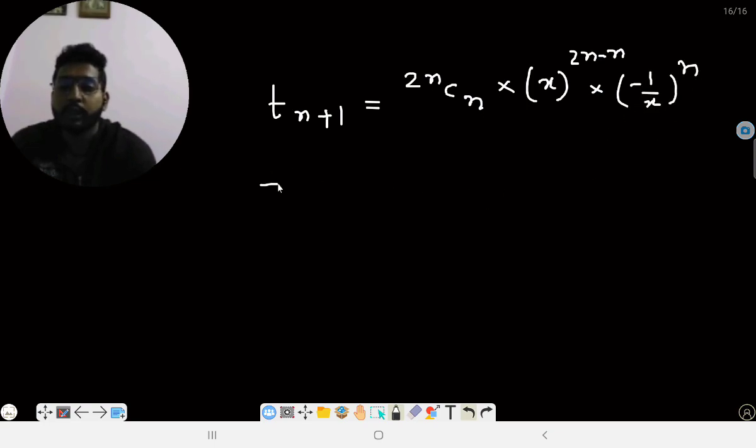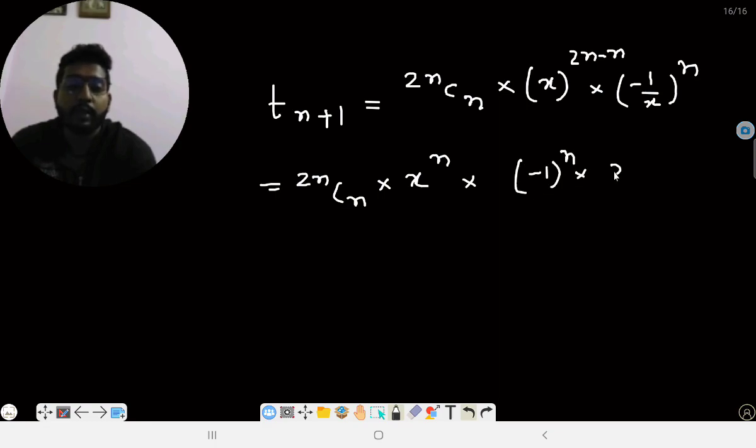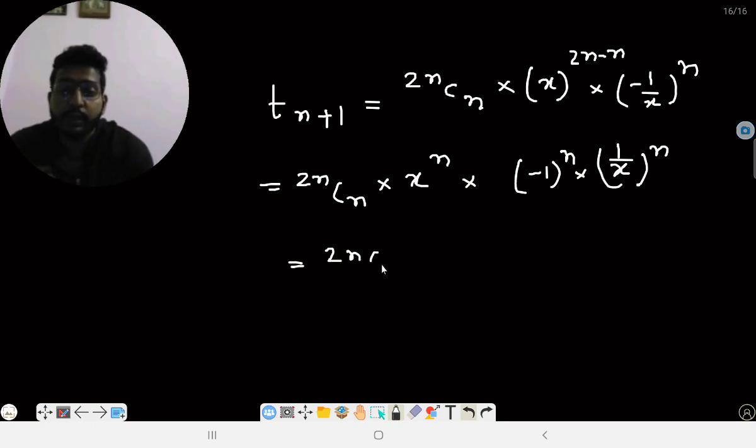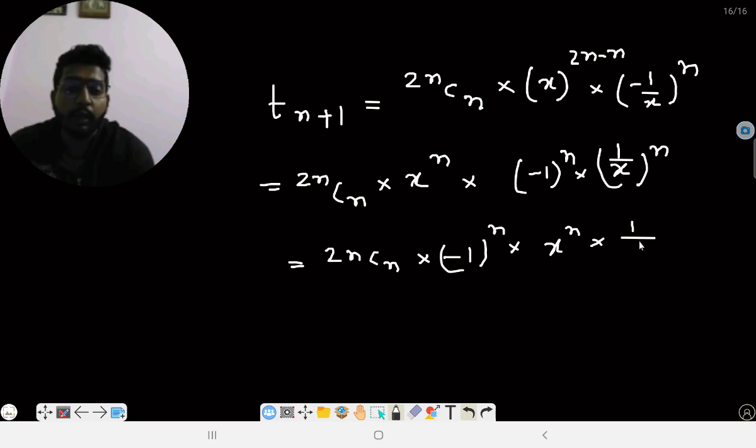So it can be written as 2nCn x to the power n into minus 1 to the power n into 1 by x whole to the power n. Now you can see x to the power n and x to the power n cancel out. So here it is coming 2nCn into minus 1 to the power n.